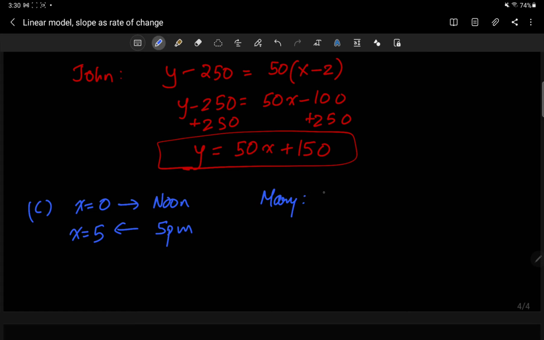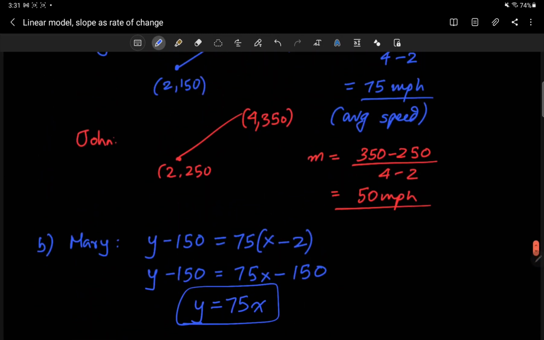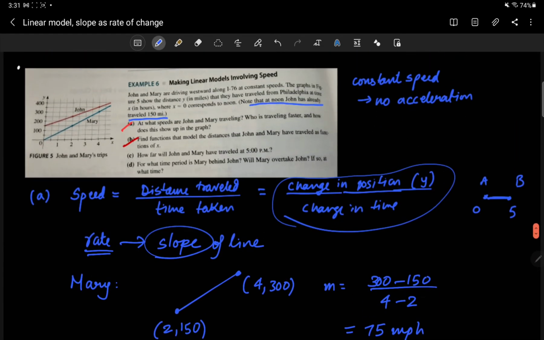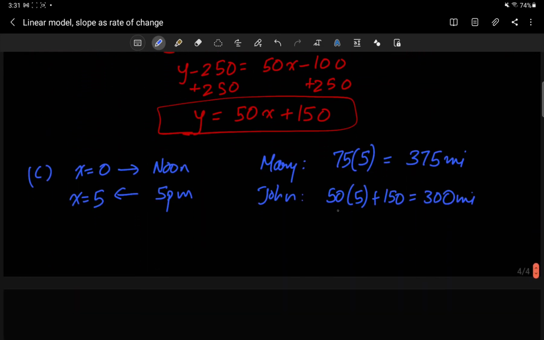So Mary would be 75 times 5, which is 375 miles away, whereas John would be 50 times 5 plus 150, which is, oh, sorry, 250 plus 150 is 400. Yeah, that did not sound correct.